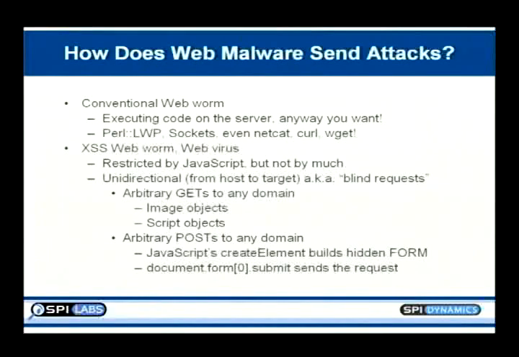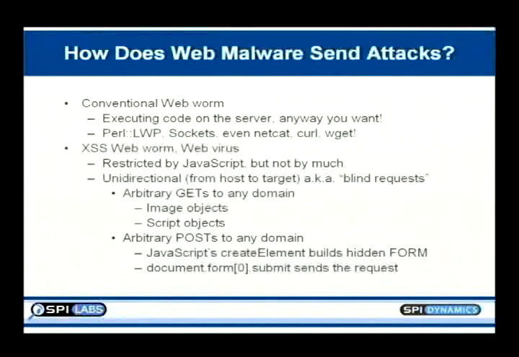So how does web malware send the attacks? Well, we started talking about this in the hypothetical, but let's get down into it. With a conventional web worm, we're actually executing code on the server. So I can do this any way I want. If I'm in Perl, I can use the Perl LWP library, which makes writing HTTP clients literally a single line of code. Everyone jokes that in Java, you can be like, my web server is a new web server, web server.start, and you have a web server.